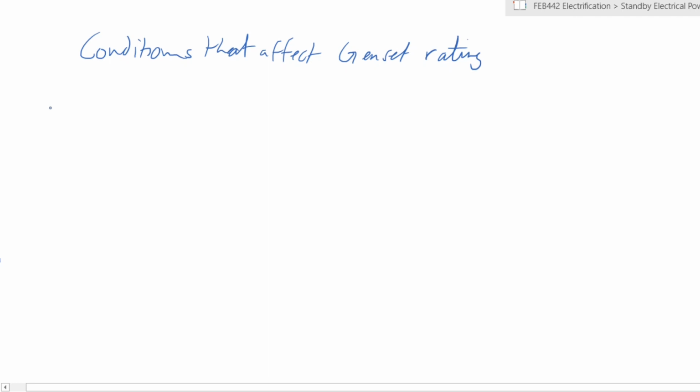So when you're sizing a generator and making a decision about what generator to use for a specific application, there are a number of conditions of the environment that the design engineer would need to take into consideration when sizing the generator for their application. The first of these is altitude.